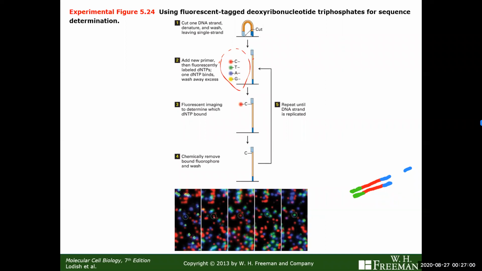You can see that the next nucleotide added within this circle is red in color, so that is C. Then again you do chemical removal of the tag, it is allowed to bring in the next one, another C. Then a T, see the green color? A T. And you actually image it using a modified microscope.